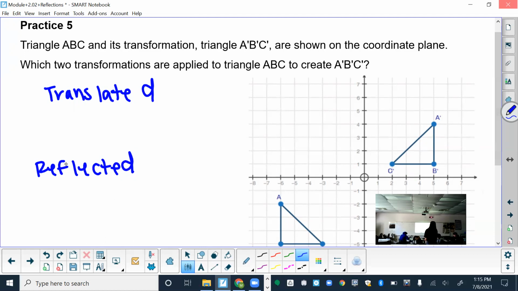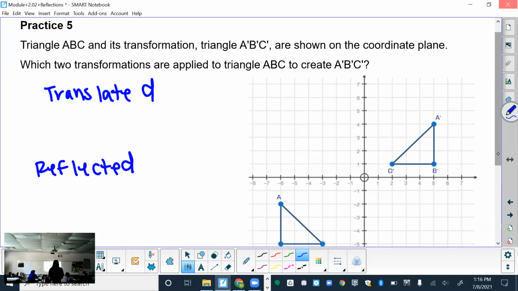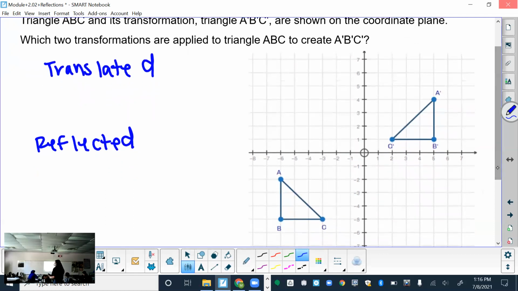So let's start with reflected. All right, where did it reflect over, do you think? What position on the graph? Did it reflect over the x-axis?